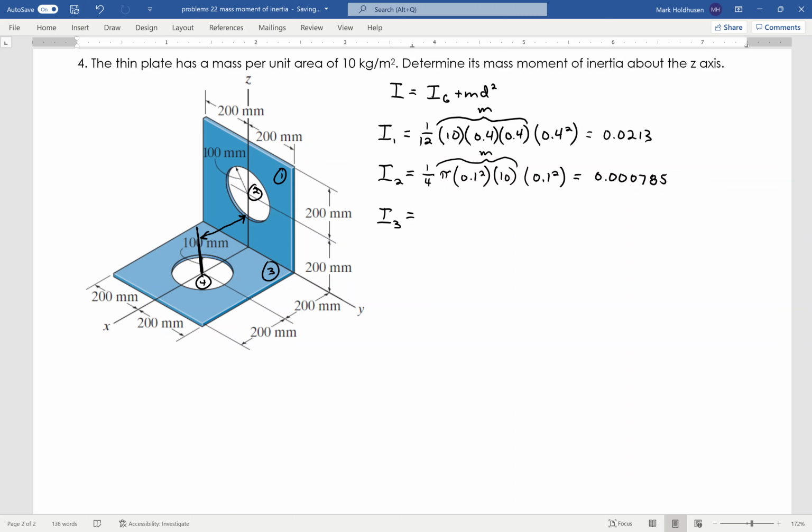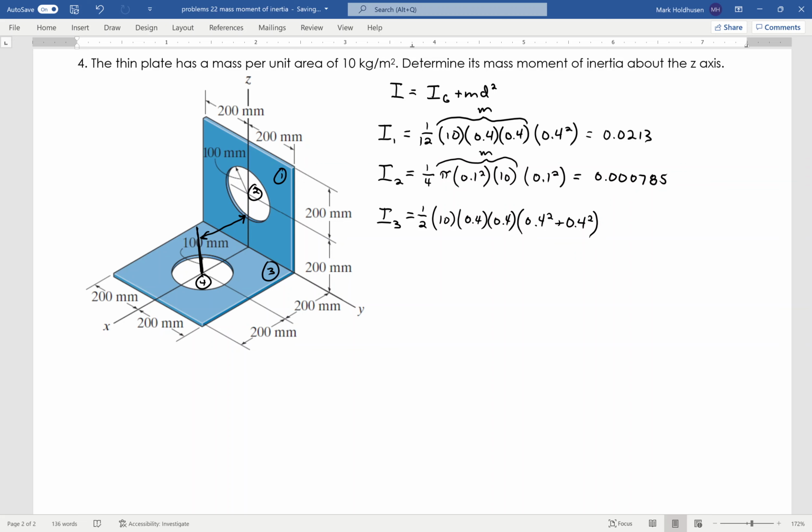When I look up the centroidal for a rotating plate, I get 1/12, and then m we've basically done before. But then instead of just 400, it's actually that 400 squared plus the other 400 squared, because I've got both a length and a width that I'm rotating. It's oriented differently than it was before.